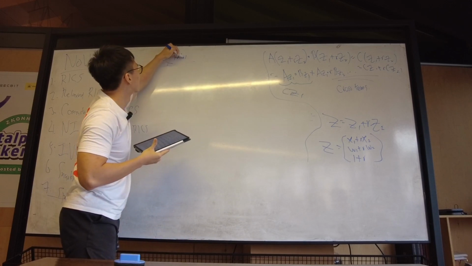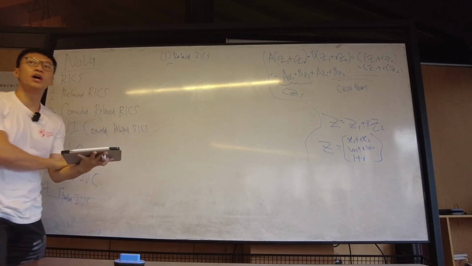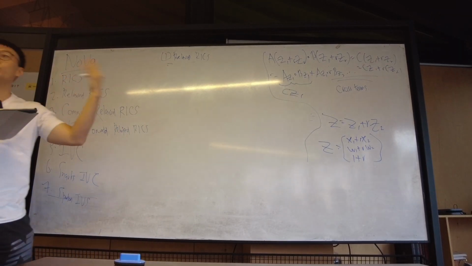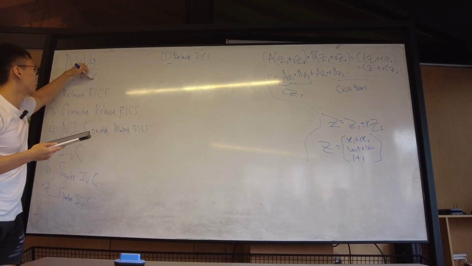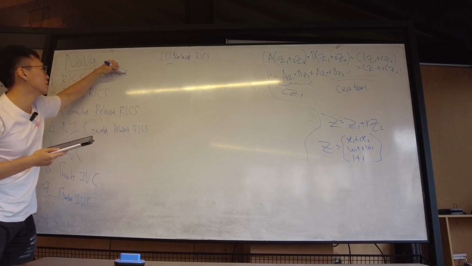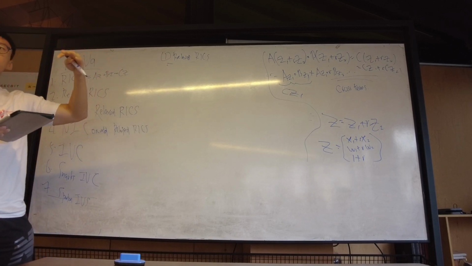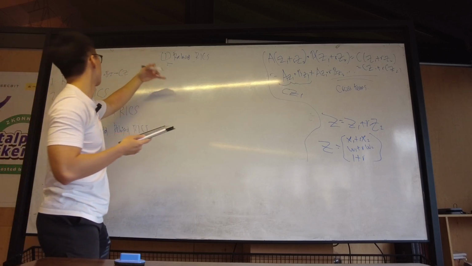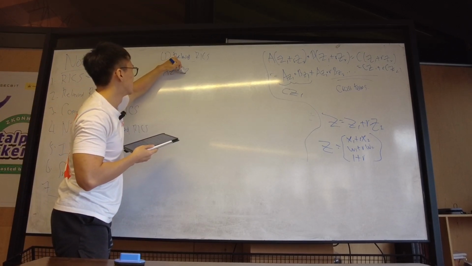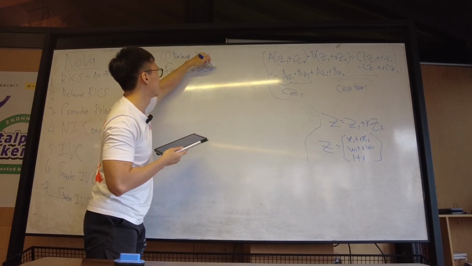Relaxed R1CS defines R1CS in a form that we're not used to. So let me define R1CS here. This is our good old R1CS that we know and love, using Groth16 and so forth. So the relaxed R1CS will look something like this. Z is the same, but this part is different.